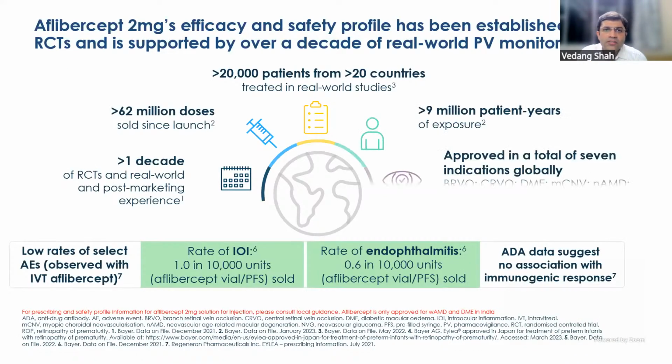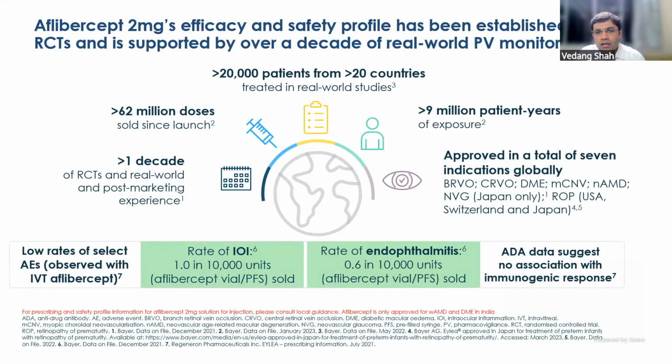Overall, aflibercept is the mainstay of treatment not only for AMD, but it has also been indicated for other diseases like BRVO, CRVO, DME, and in some states and countries for NVG and ROP.